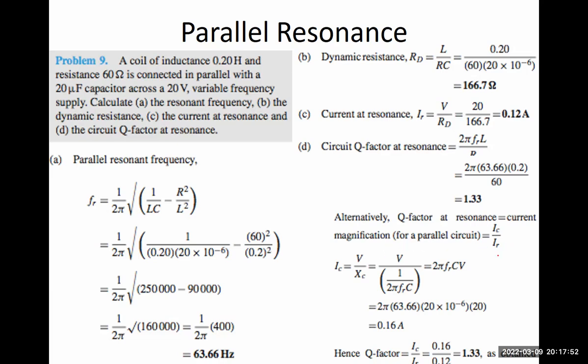For the parallel resonant frequency in a parallel circuit, we have 1 over 2 pi multiplied by the square root of 1 over LC minus R squared over L squared. Now we have an R, so our resistance is not negligible.